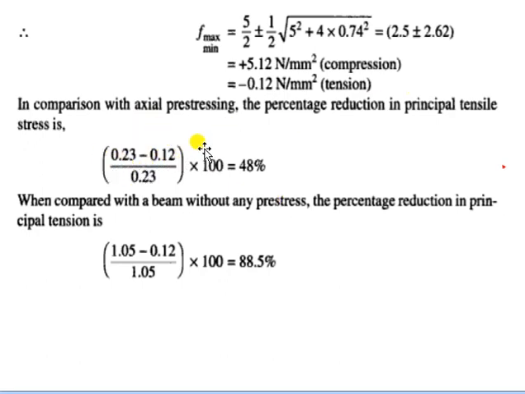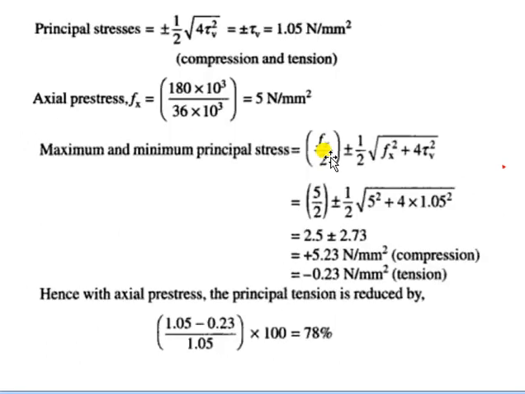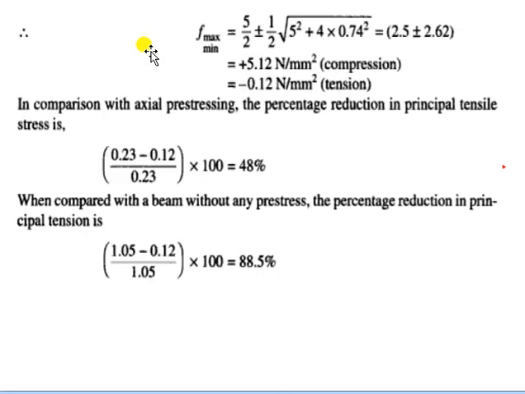This 0.23 is the principal tensile stress obtained when there is no axial pre-stress, which we have calculated in the previous problem. So principal stress without axial pre-stress gives us 48%.